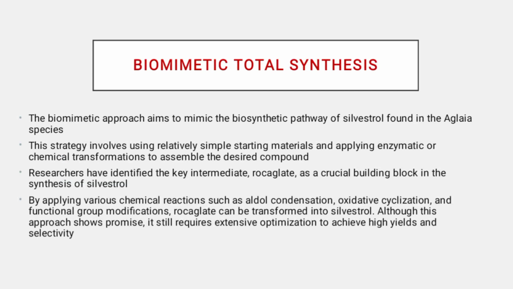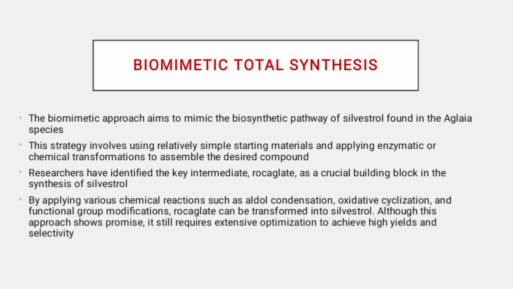So what is the biomimetic total synthesis? This approach aims to mimic the biosynthetic pathway of Silvestrol found in the Aglaia species. This strategy involves using relatively simple starting materials and applying enzymatic or chemical transformations to assemble the desired compound.